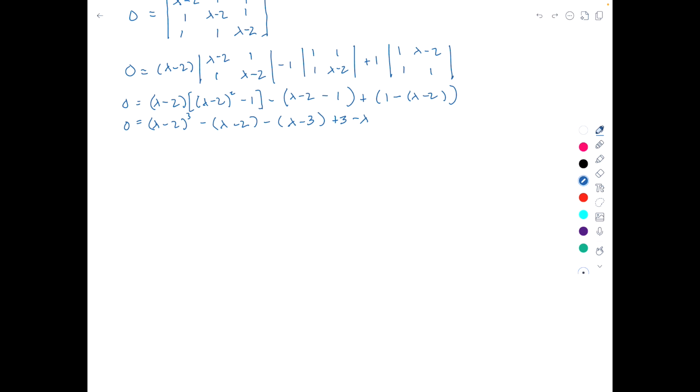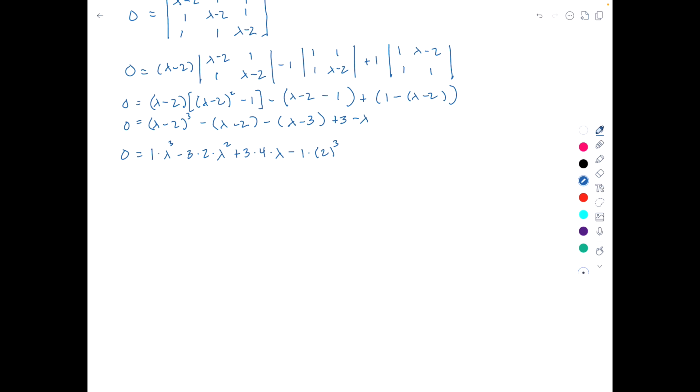Okay, so working on lambda minus 2, the quantity cubed, that'll be 1 times lambda cubed, and then minus 3 times 2 times lambda squared, plus 3 times 4 times lambda, and then minus 1 times 2 cubed.